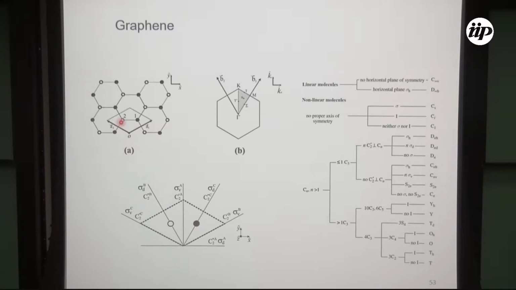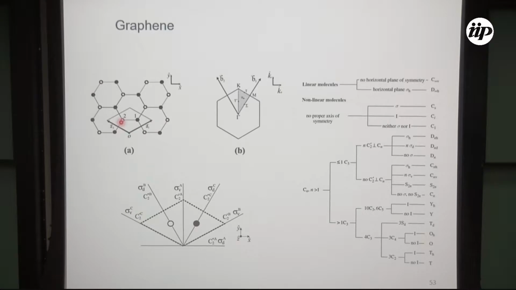So the identity would be just 1, 0, 0, 1, right? Then you do the symmetry operation, and you see if you exchange 1 and 2 or not. If you exchange 1 and 2, you change the sites. Then the diagonal terms flip. So if it's 1, 0, 0, 1, then it will become 0, 1, 1, 0, because you exchange 1 and 2.